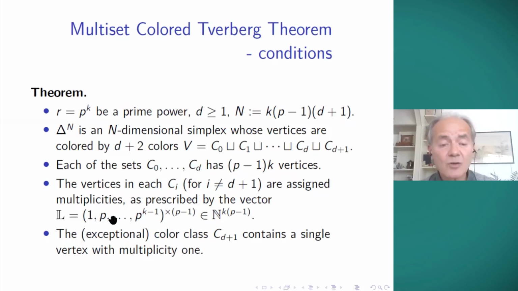It is powers of primes, and it holds for all these colors C0, C1 up to Cd, except the last one, which is a singleton, which is its own single color.